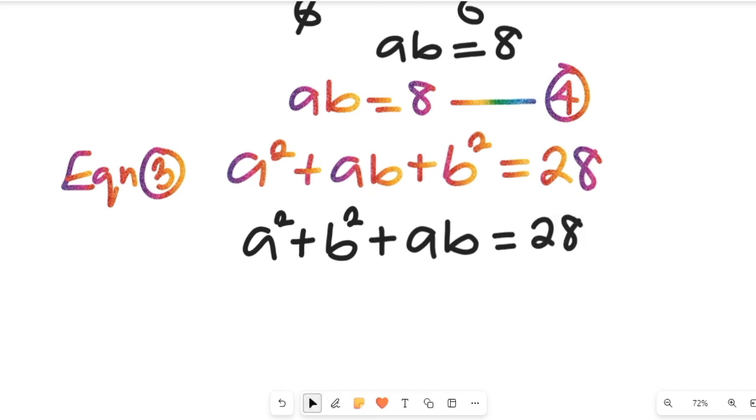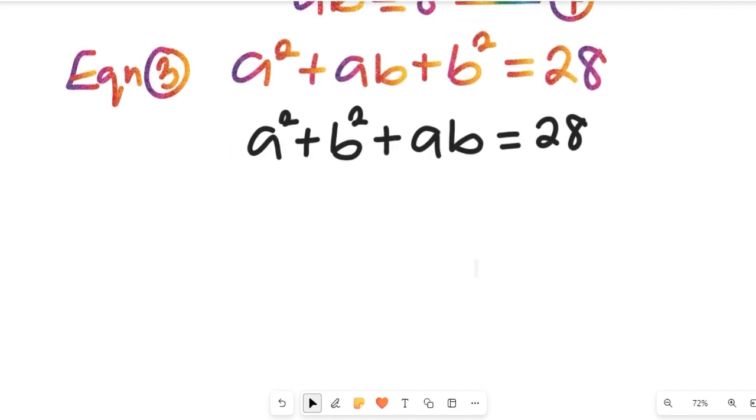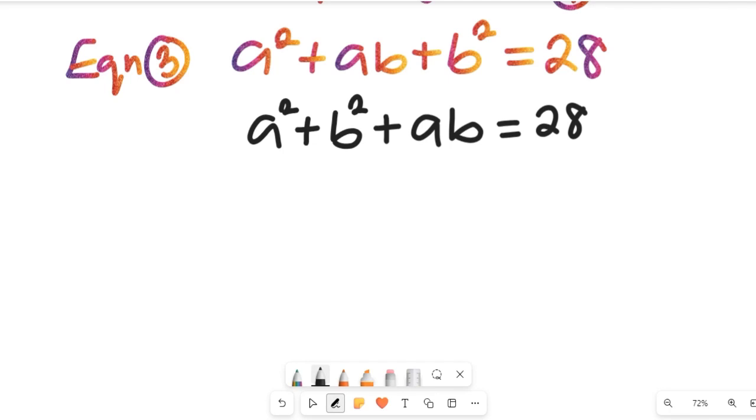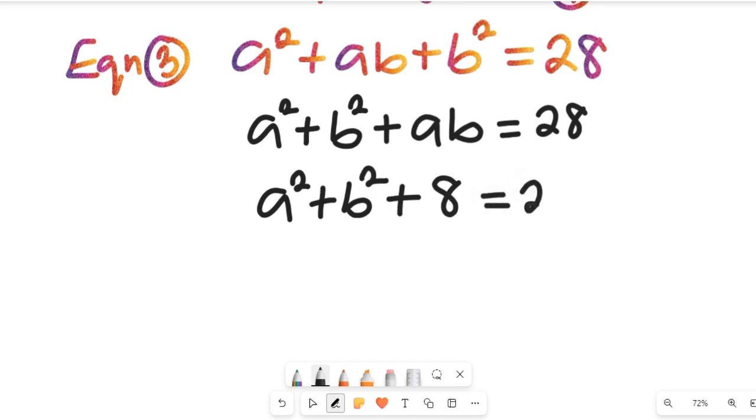From that expression, you come to see that we can have the value of a squared plus b squared. So a squared plus b squared, remember, our ab is equal to 8, plus 8 is equal to 28.